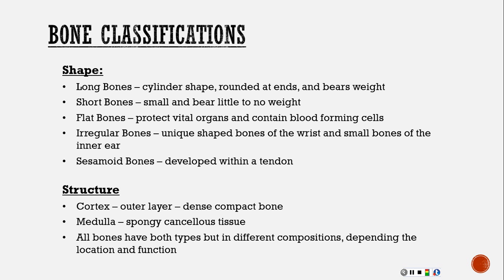All bones are going to have both types, but the percentage of each that the bone has is where the classification changes a little bit. It just depends on how dense that bone is. The more dense the bone is, the stronger the bone is, and the more resistant it is to fracture.